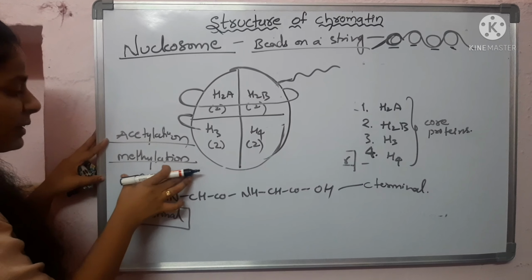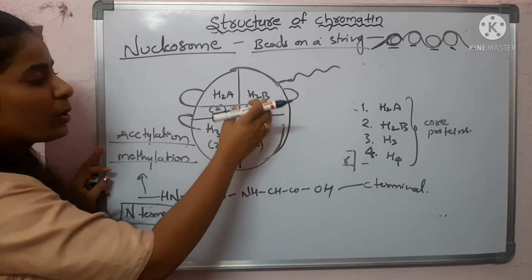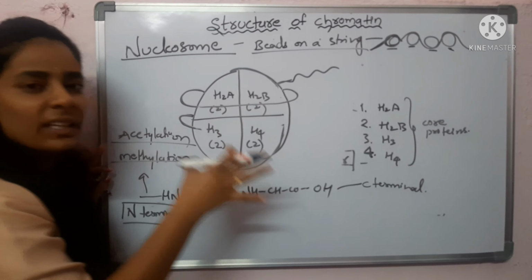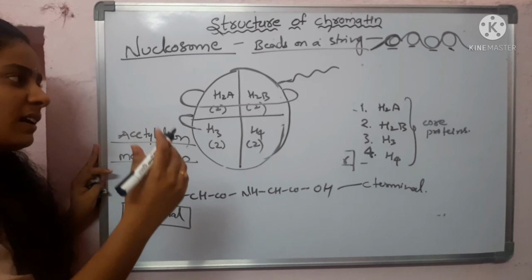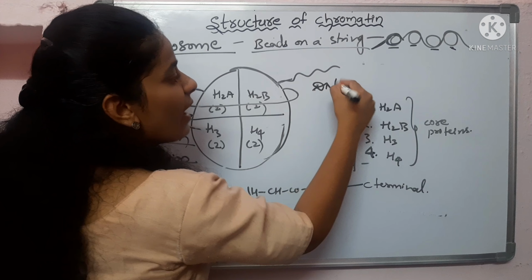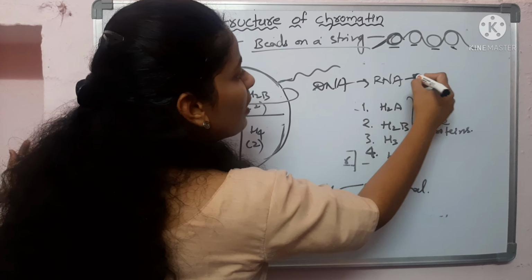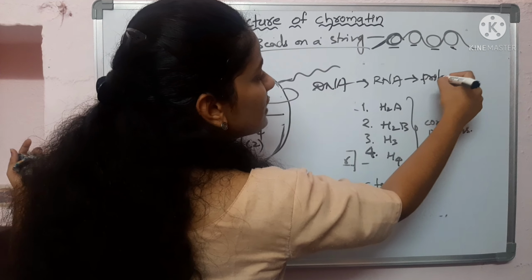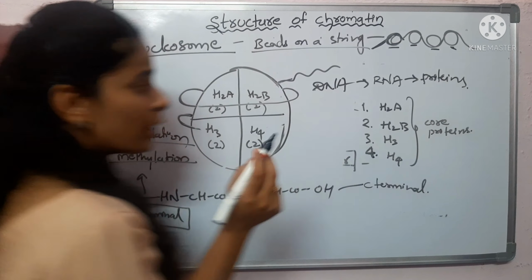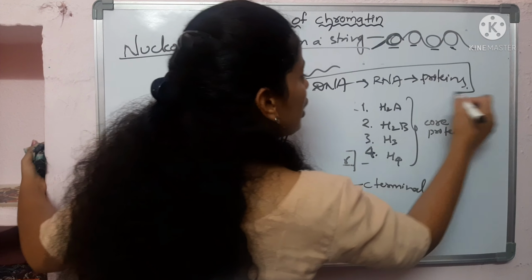So whenever methylation occurs with the histone proteins, these histone proteins will fall away from the DNA strand, so that DNA will be transcribed to RNA and RNA to proteins. This is the central dogma of life. So if DNA is wrapped with histone protein, this process does not occur.